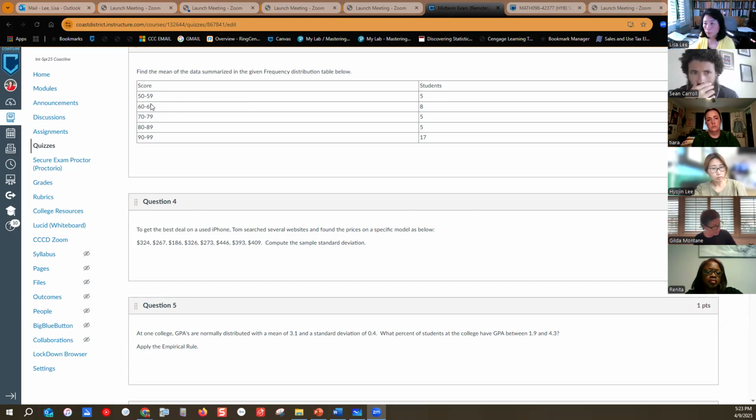So you need to take 54.5 times the 5. Use the average as a representative score times the number of students. Then add the second class, which is 64.5, multiplied by 8 students, right? And similarly, we do the same thing for all 5. Then add them up, then divide by the total number of students. And the total number of students you just have to add up all the students posted here. That would be the total of the frequencies, to get the average, right?